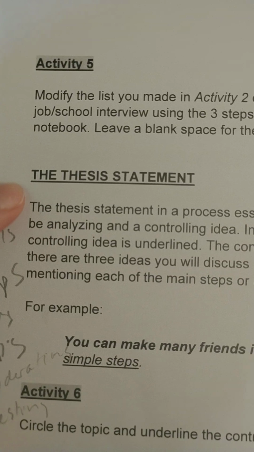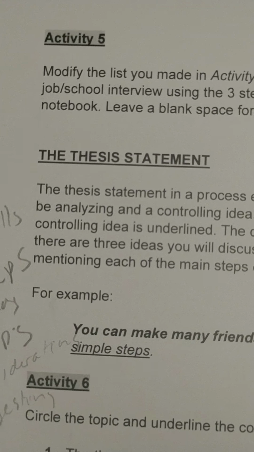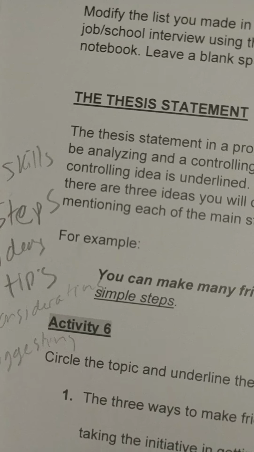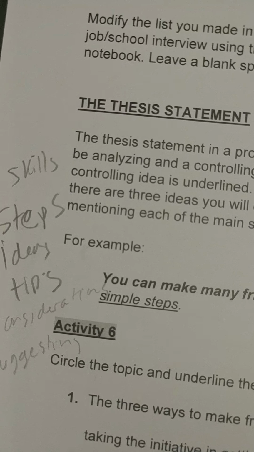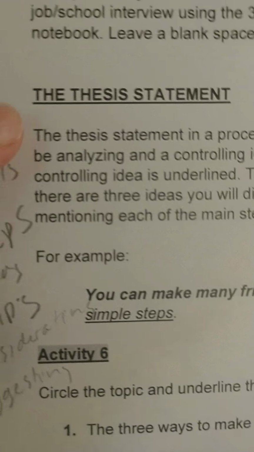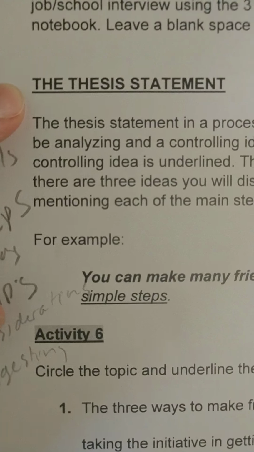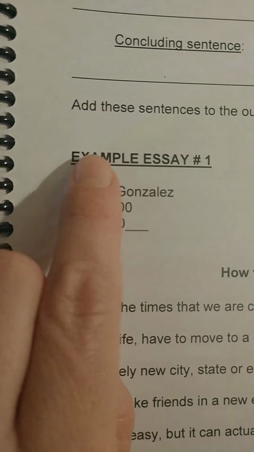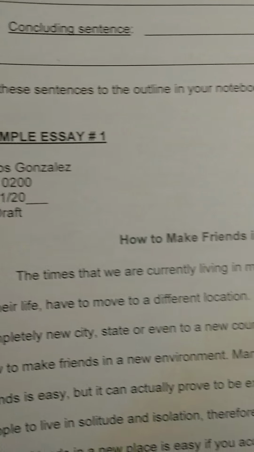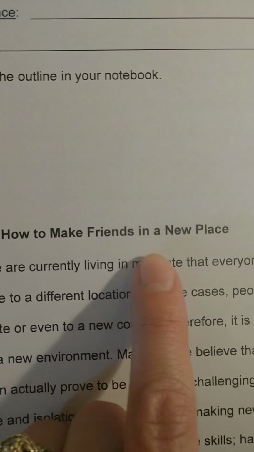And then we also have, let's see here. There's one more. Oh, an 8. Okay, so this thesis statement we are going to talk about on Friday. Okay, so you can skip this for now. But look at example essay number 1. Okay, and this is the essay, How to Make Friends in a New Place. That's from the outline.